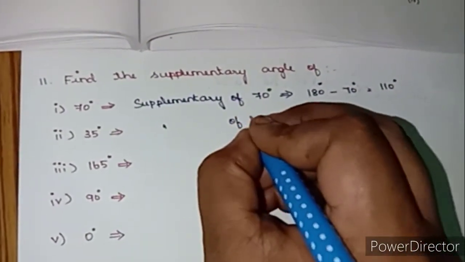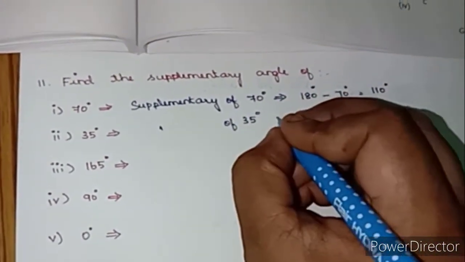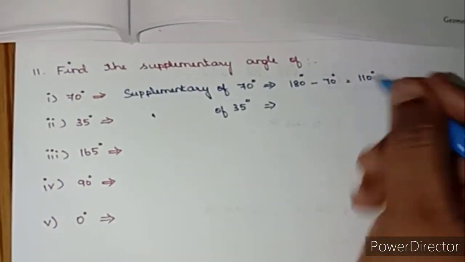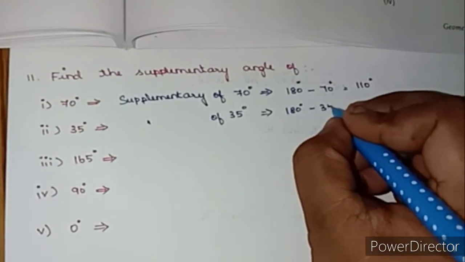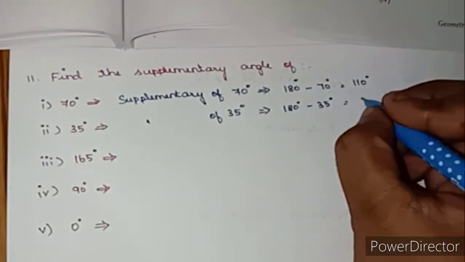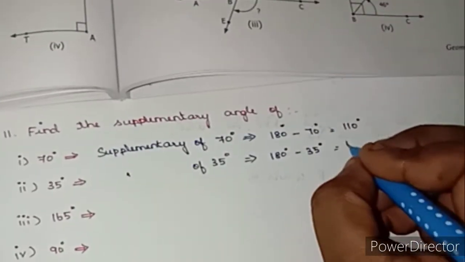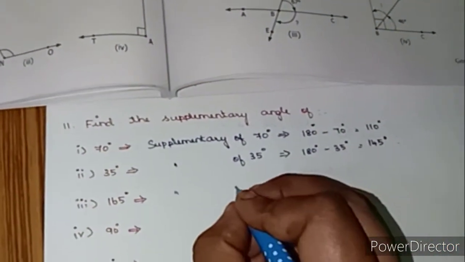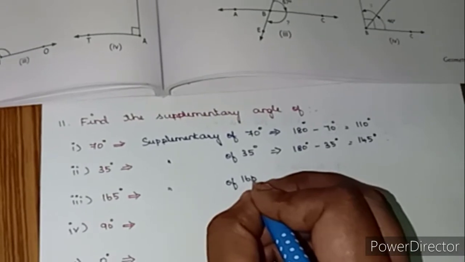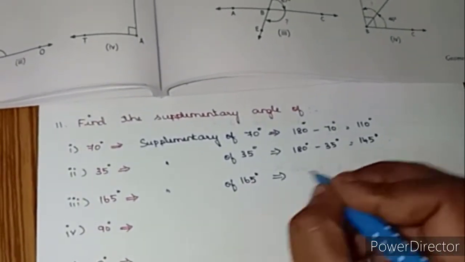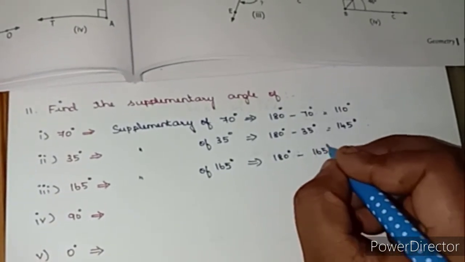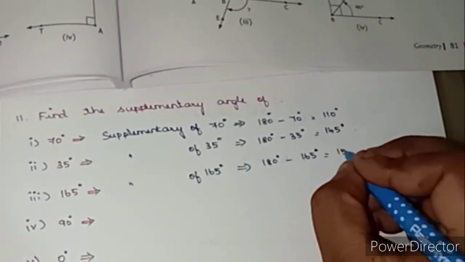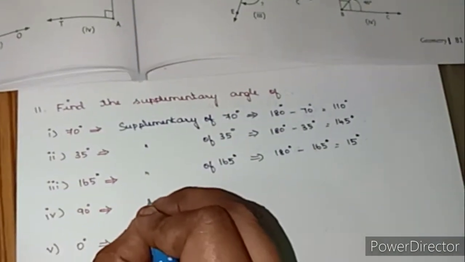Supplementary of 35 is equal to 180 degree minus 35 degree, it is 145 degree. Next, supplementary of 165 degree is equal to 180 degree minus 165 degree, which is equal to 15 degree.